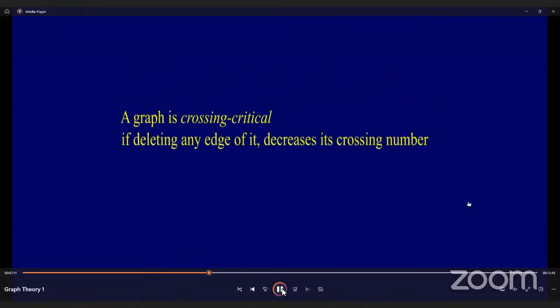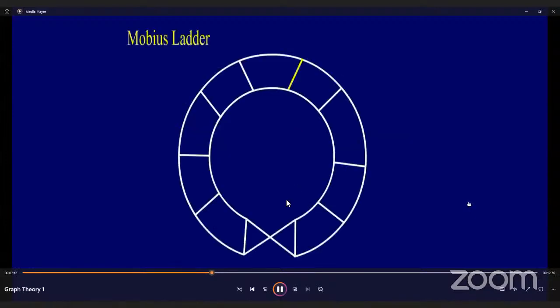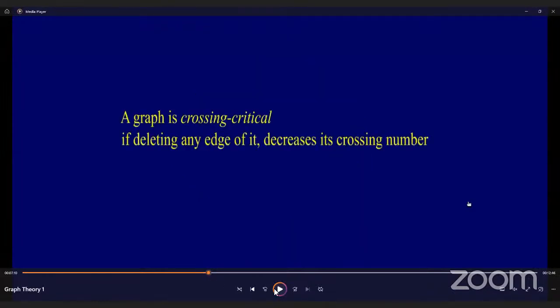Now, the other thing: if we delete one edge, any edge of the graph, and it decreases the crossing number, then the graph is called crossing critical.